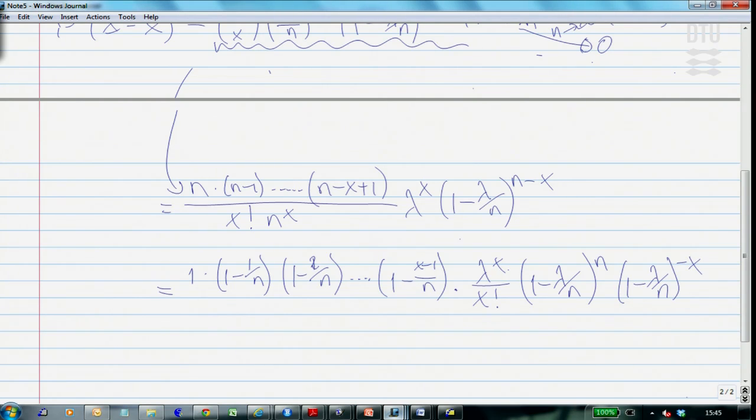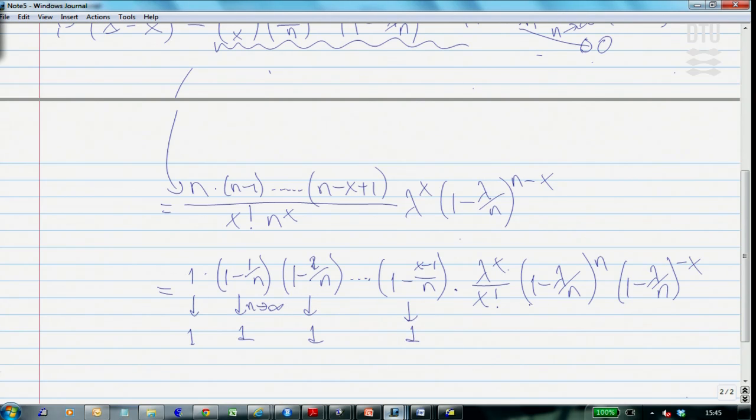Now we can see what is going on when n is tending to infinity, right? This one, of course, is 1. What happens here when n tends to infinity? Well, this term will tend to 0, so this will go to 1. Again, this term is going to 0, so the entire term will go to 1, and so on and so forth.